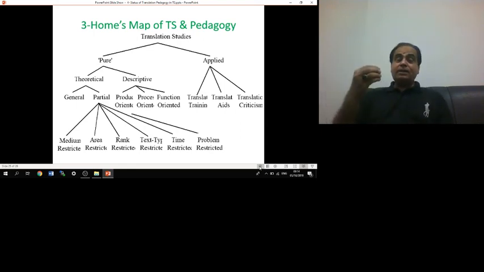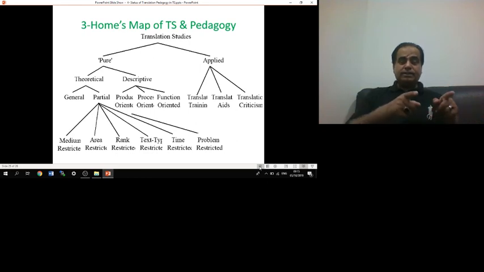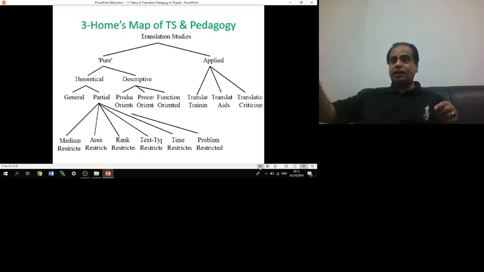And the same, I think, is more clear here in the partial theoretical and the partial medium restricted. We know medium restricted means the translation done by a human being or machine, or written or oral and so on and so forth. So the theory developed in this medium restricted partial translation studies area is actually relevant to the applied side.